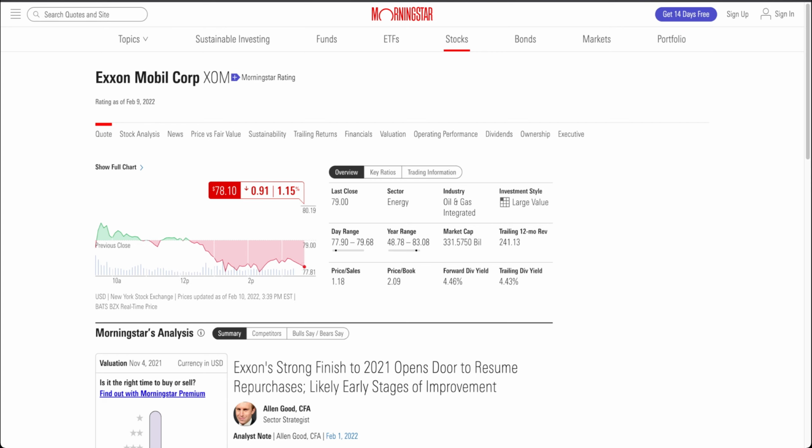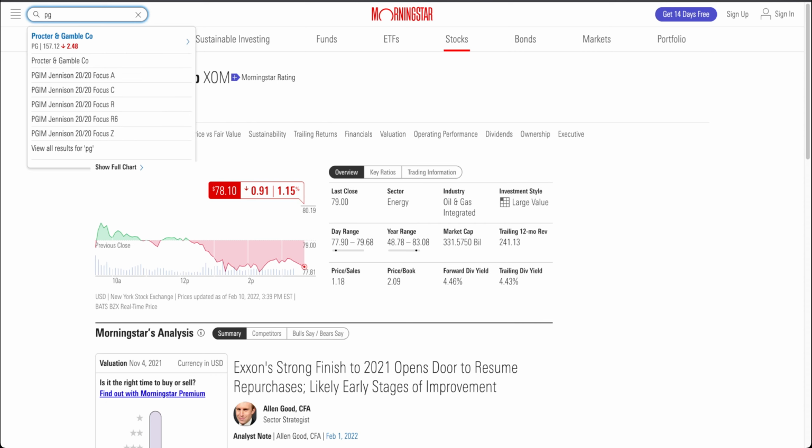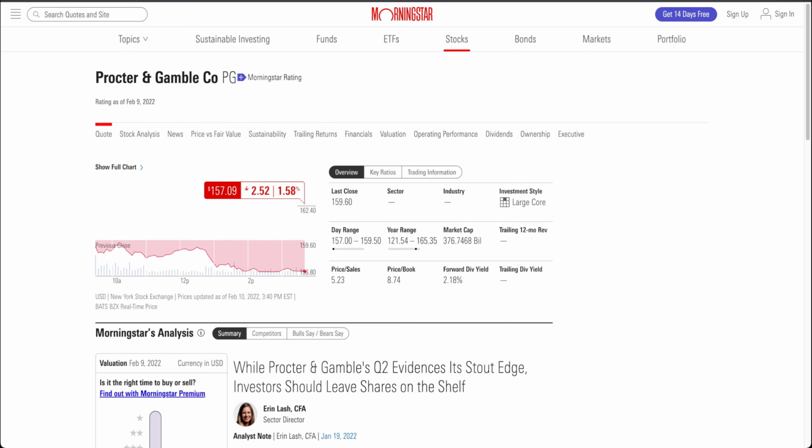So let's say if we search for a company like Procter and Gamble, we see the style of investment is a large core, which is between growth and value. Procter and Gamble, which is a 150 plus year old mature company and owns brands like Tide, Bounty, Gillette, Pampers, etc., has its own unique market growth strength, but it's slow and steady.